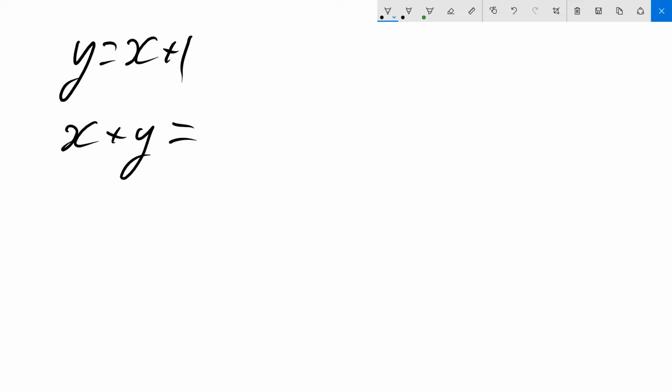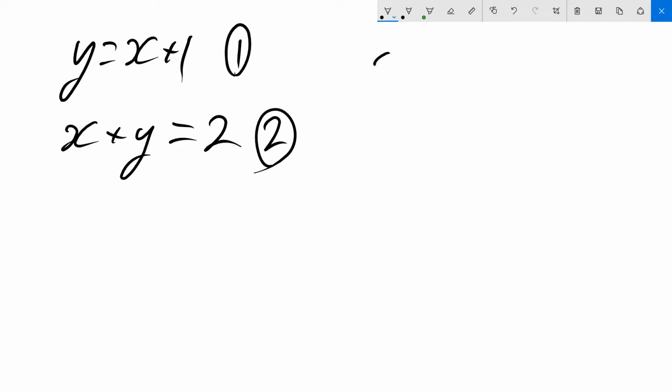Okay, let's go into a more complicated substitution. What if we had y equals x plus 1, right? Simple, but instead we have x plus y equals 2, for example. Here's our equation 1, here's our equation 2.